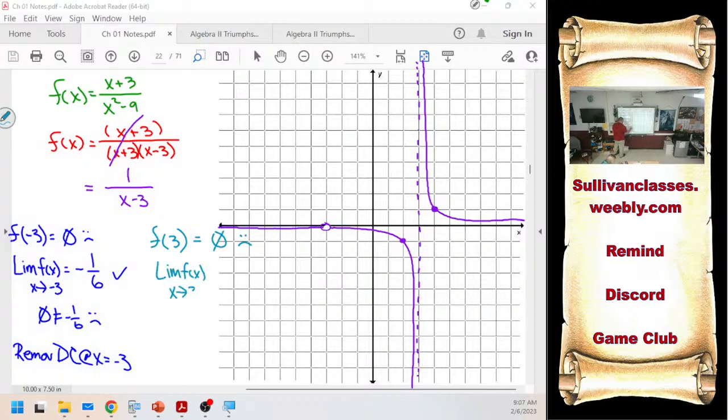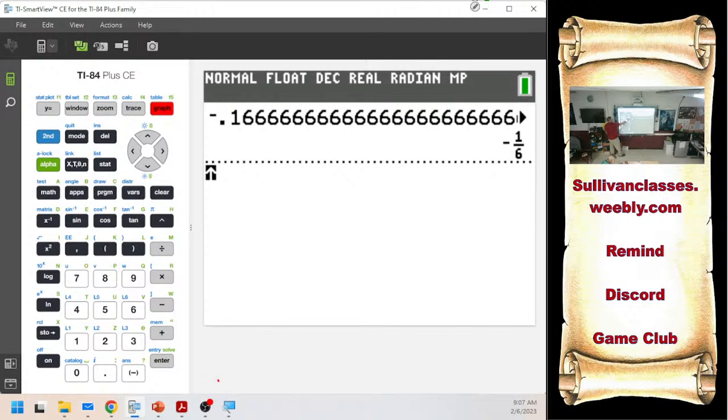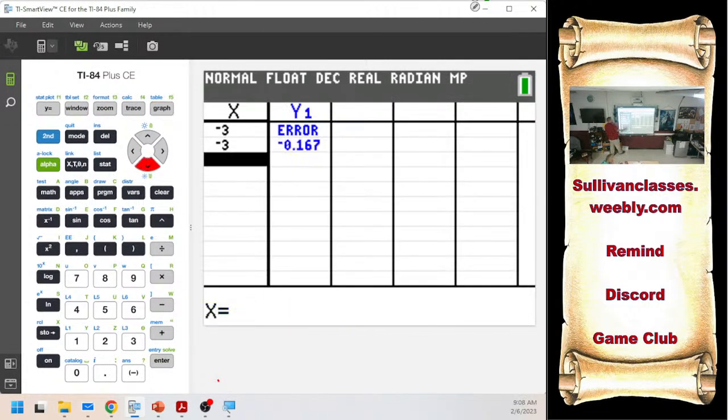As x approaches 3 from the left, so I'm at 2.99999. From the right, 3.00001.